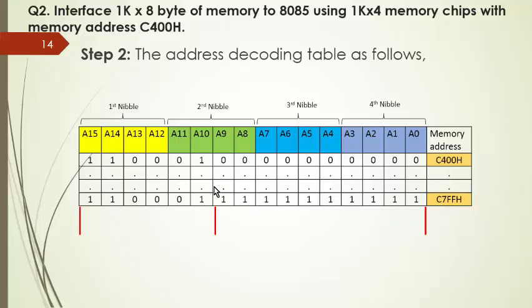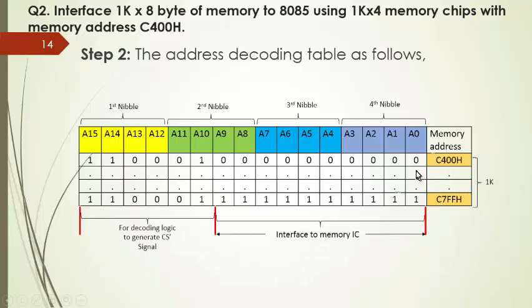Then, keeping the bit pattern in A10 to A15 as it is, you calculate the final memory address. In A0 to A9 you write 1 everywhere. Okay, so you will get the final address.